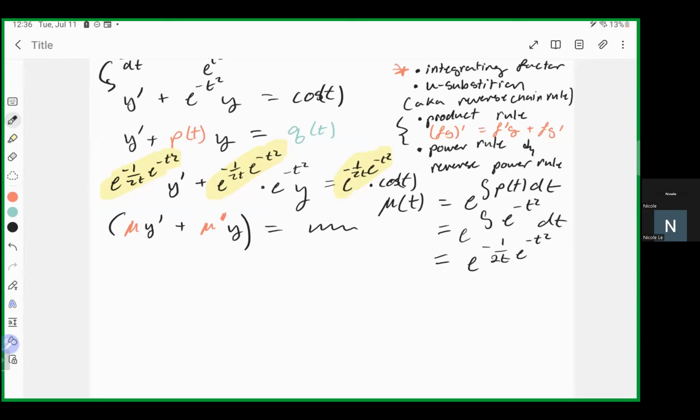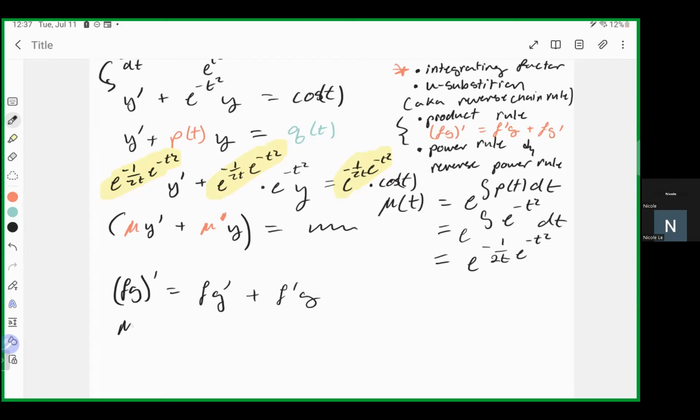Say we wanted to take the derivative of fg. We could write it as f times g prime plus f prime times g.